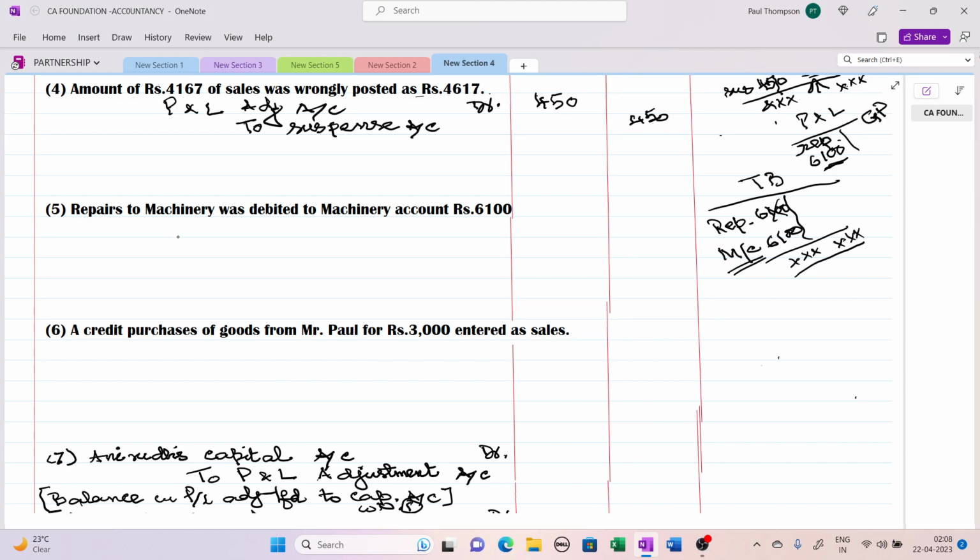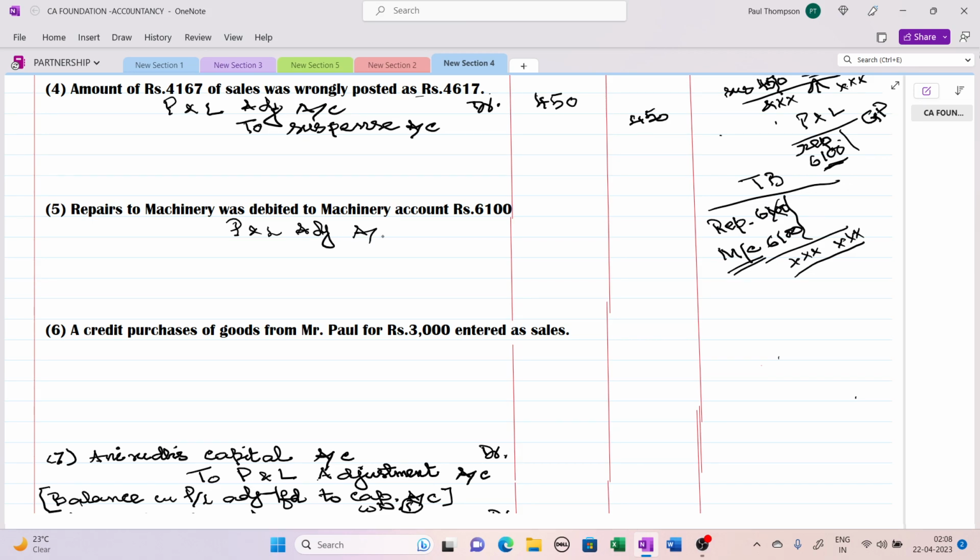Okay, now repair being a nominal account, I can't touch it in this year. So I have to operate the PL adjustment account and I must take that amount out from machinery account. PL adjustment, because otherwise it will show my position, the asset position, wrongly.